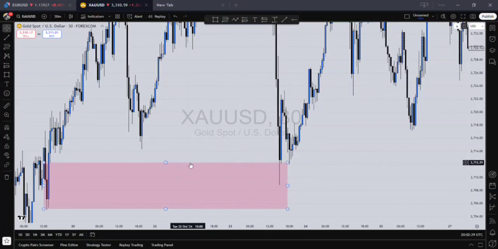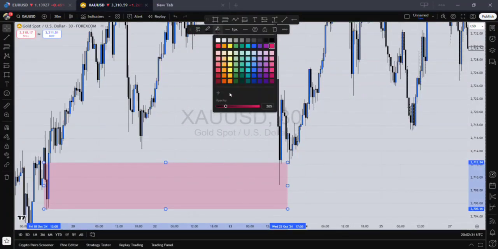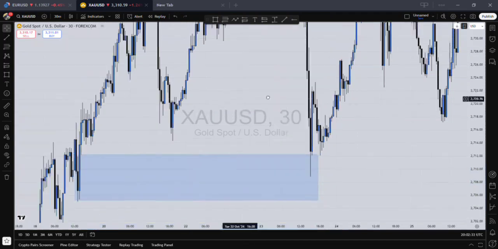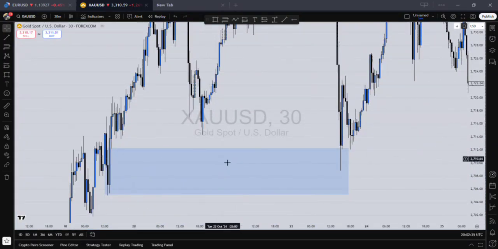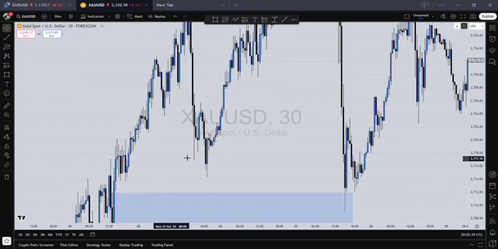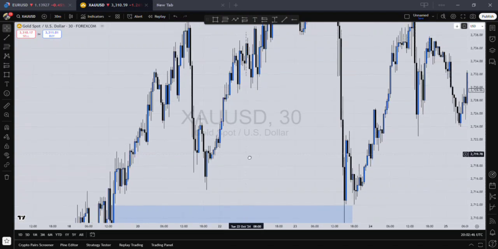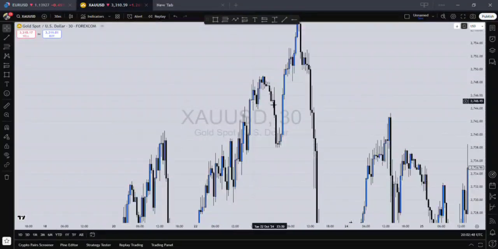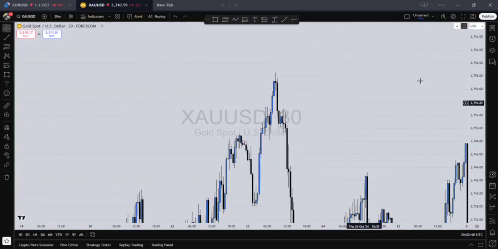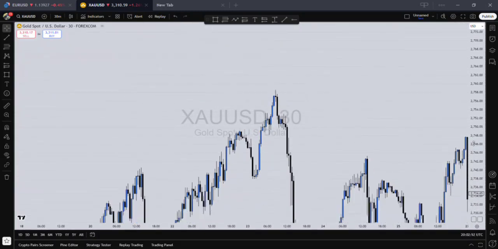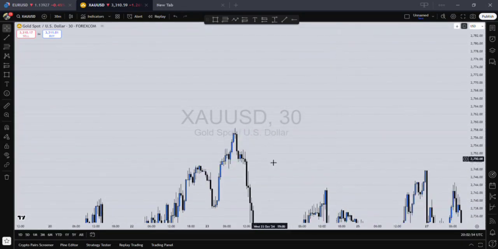Now, like I told you guys, I took this swing. I took this buy here with the entry model, with engineered liquidity, and was expecting 2780.